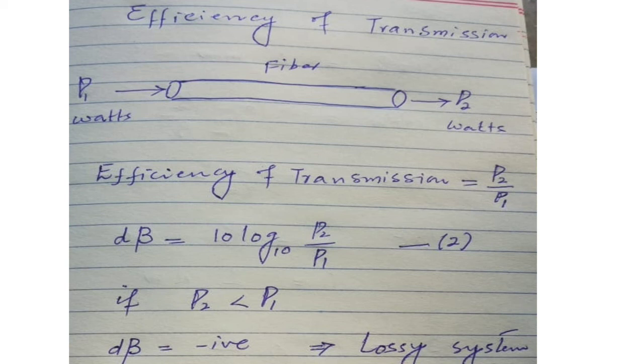You see, in this particular case, P2 is the output power, P1 is the input power. The system is a lossy system. The losses will take place in this communication link. So as P2 is less than P1, the decibel value of the efficiency of transmission will be negative, and whenever the dB value of the efficiency of transmission is negative, basically it represents a lossy system.